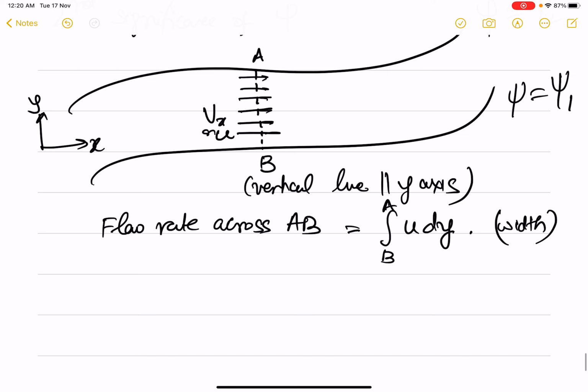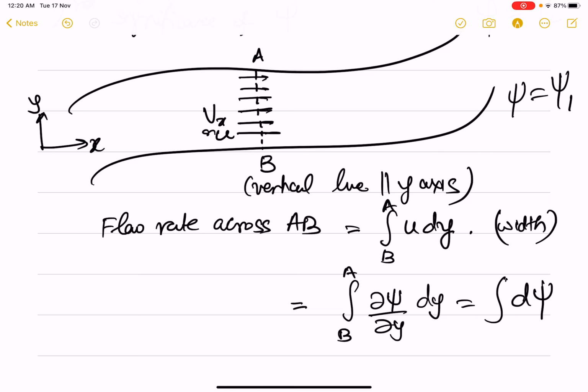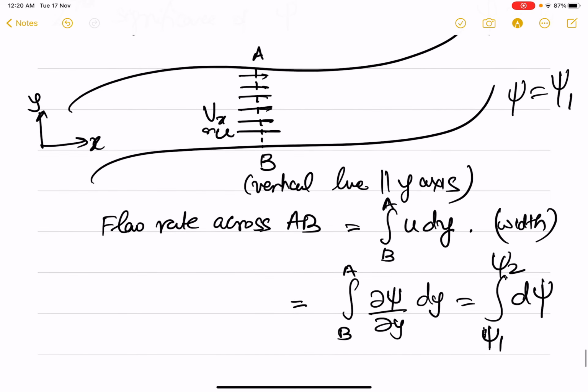So once I have this, that means this u dy, u can be written as integral from partials, u is partial psi by partial y dy. This becomes equal to integral d psi, and psi on b is psi 1 and on a is psi 2.